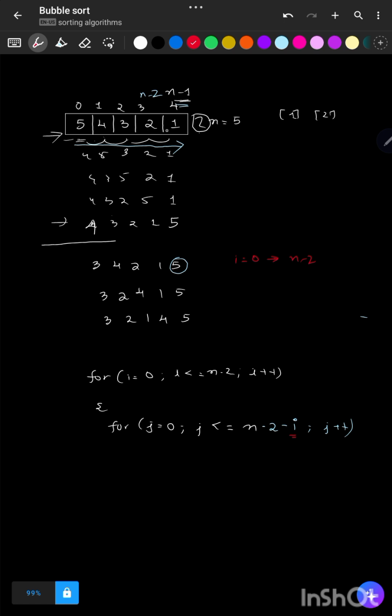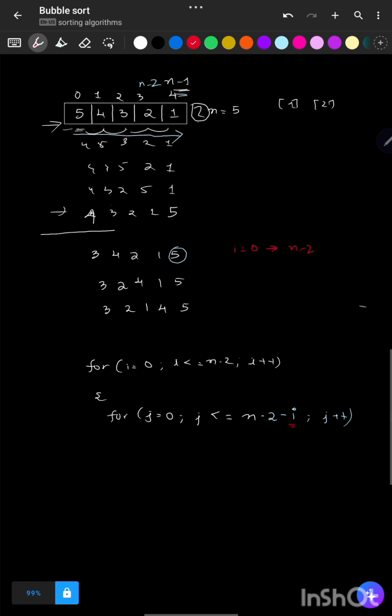This is n minus 2, this is n minus 1. I have to compare 5 with 1. But in the second pass, it runs only from 0 to n minus 2 minus 1, because one sorting has already occurred. One element is already in its proper position. You just omit that particular comparison. So that is n minus 2 minus 1, which is n minus 3.